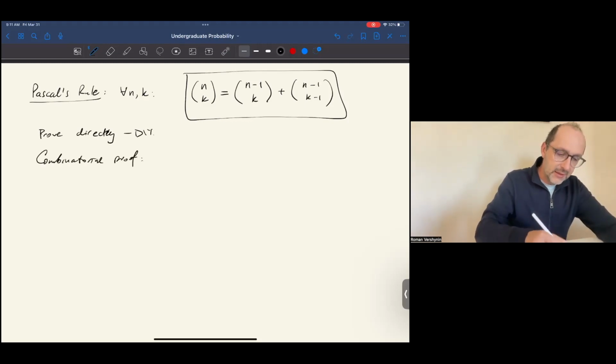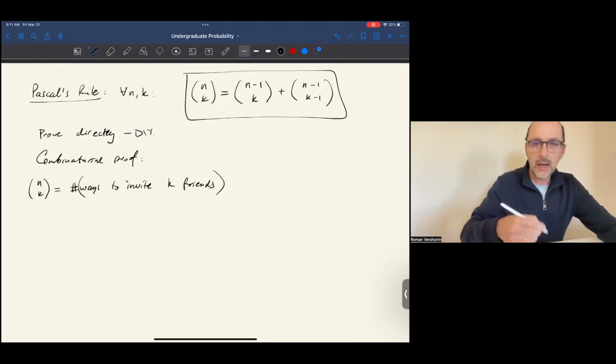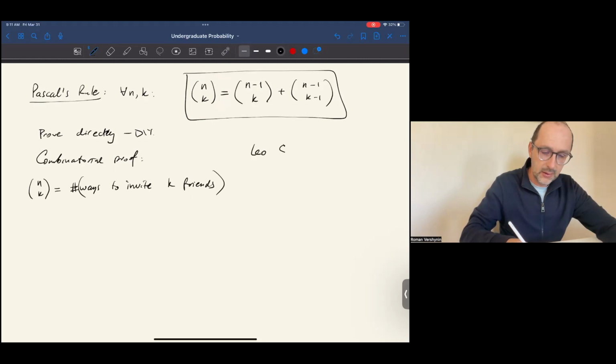The left-hand side, n choose k, is the number of ways to invite k friends out of your n friends for the party. Let's say you have friends Leo, Sandy, Shu, Isabel, and so on.